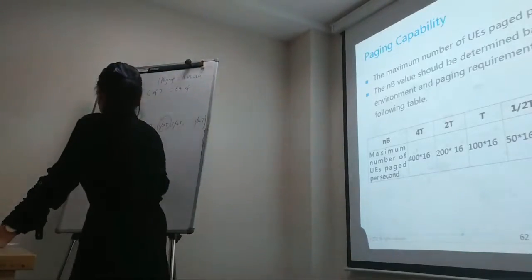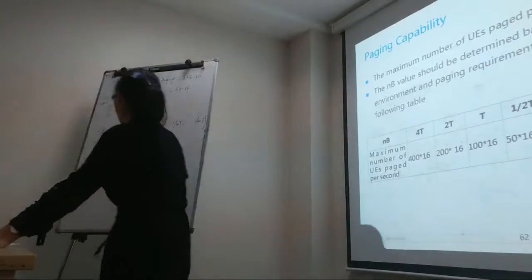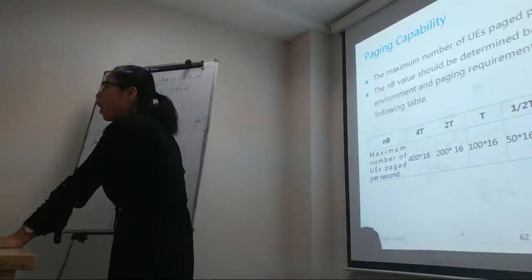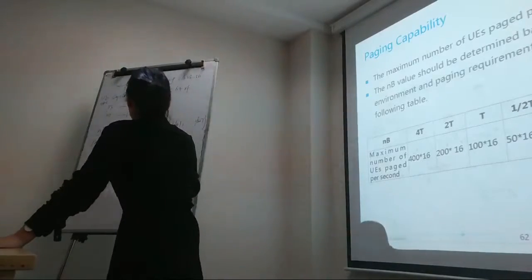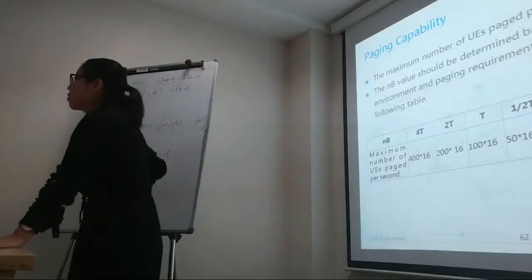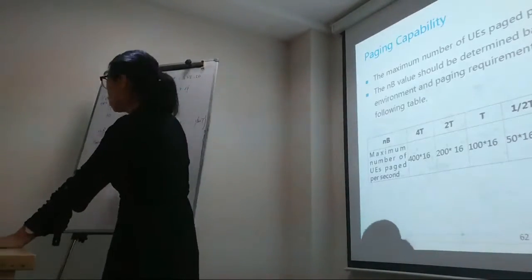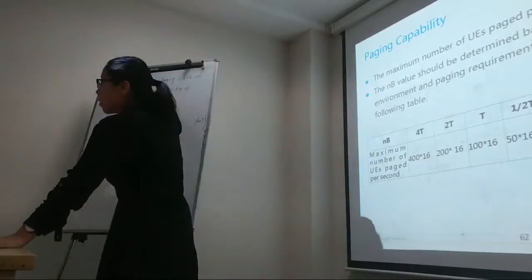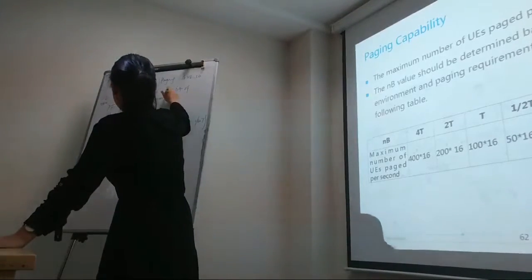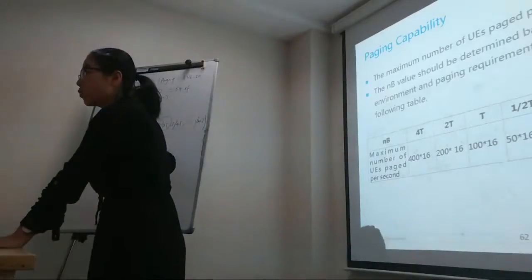Paging is NB. And in 1 paging, how many UE IDs? 16, right? The cycle unit is the radio frame, and a radio frame is 10 milliseconds. This is a unit, yes?